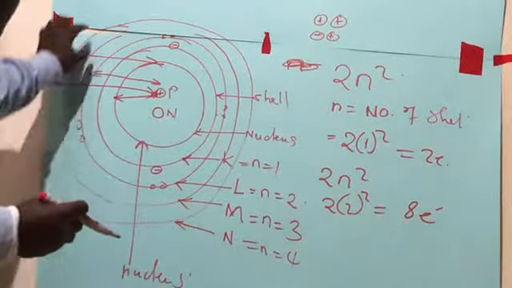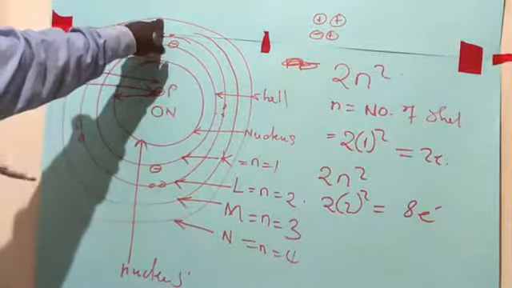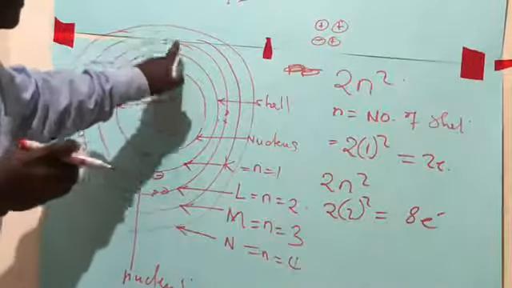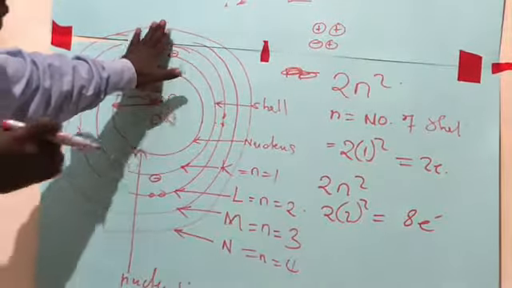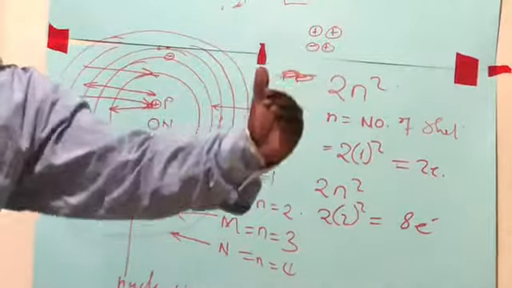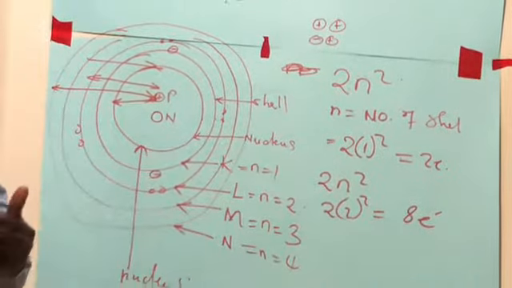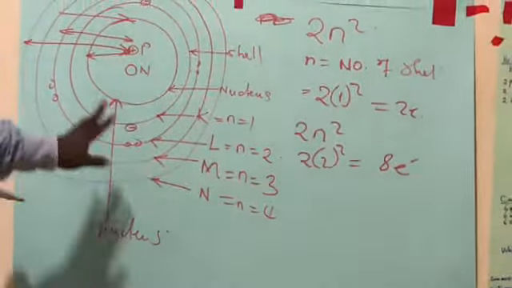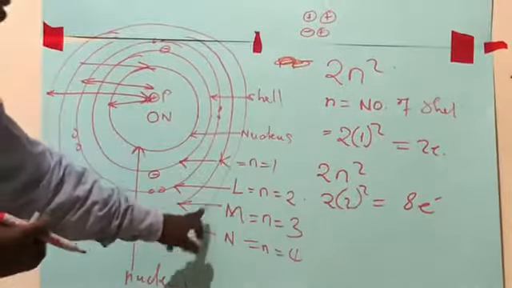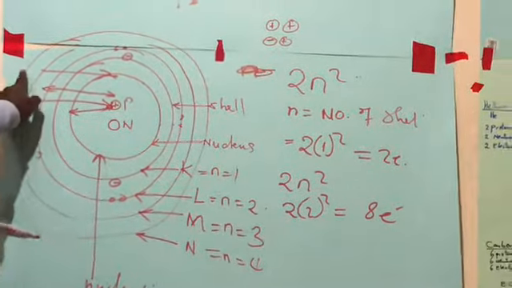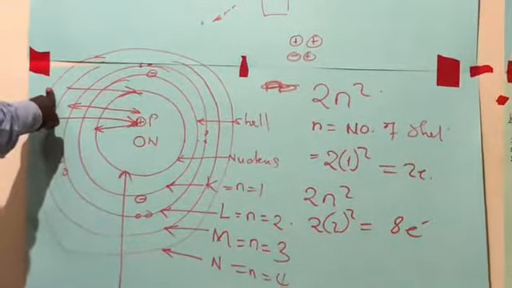Therefore, the electrons outside here can easily be lost, or they can easily go into covalent bond formation because of their energy level. This is the first energy level, the second energy level. To remove an electron from here is easier because it requires less energy.